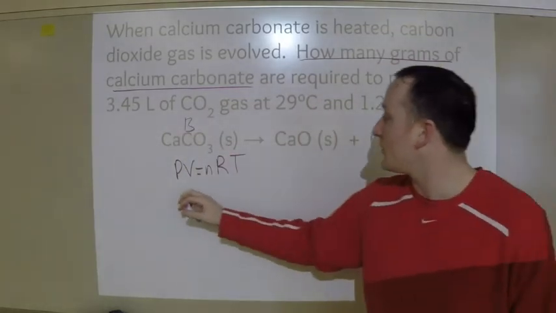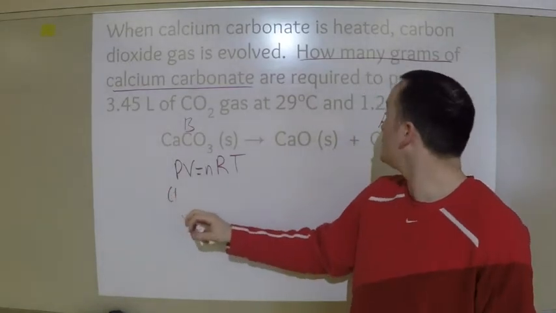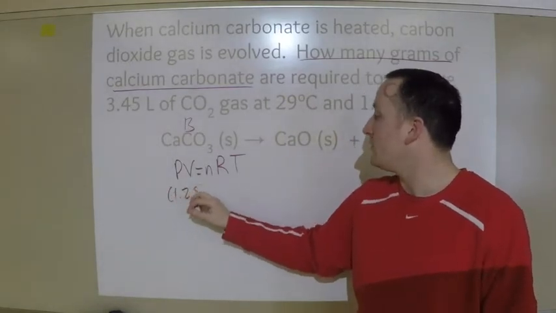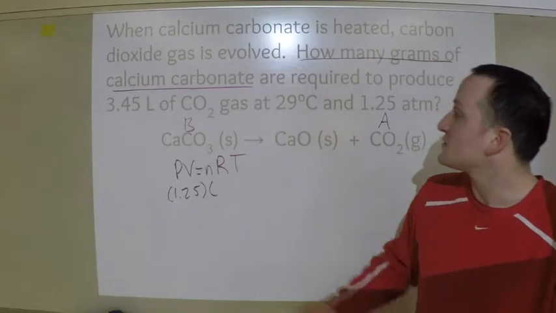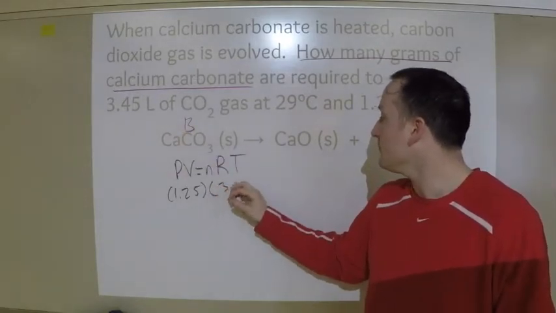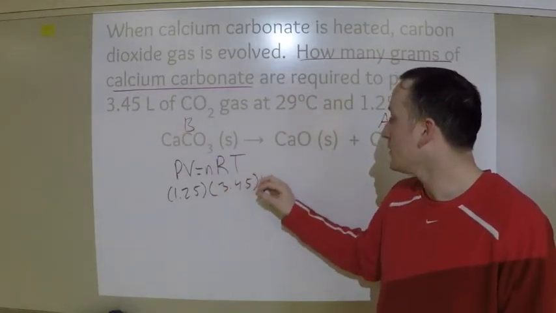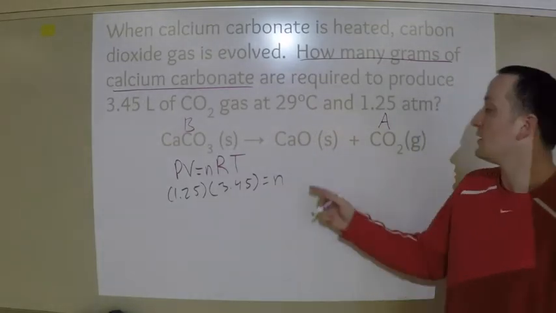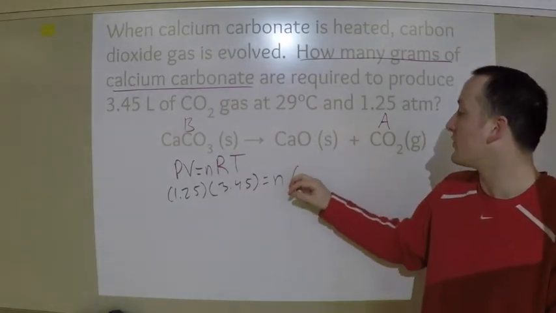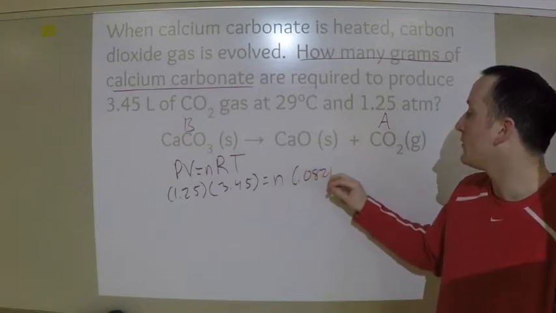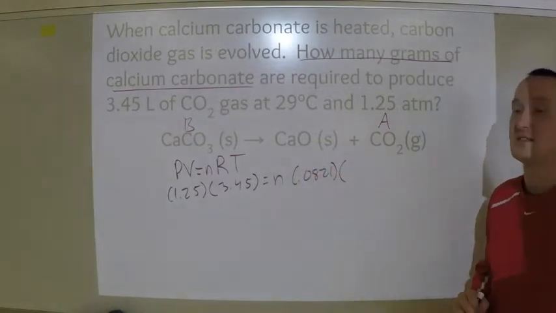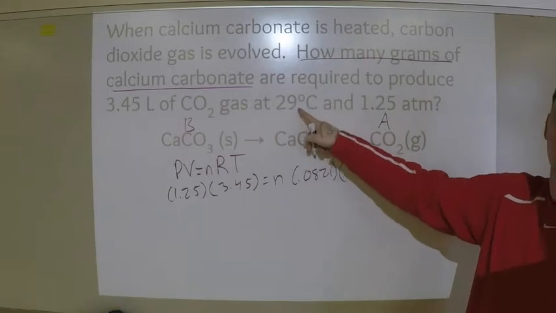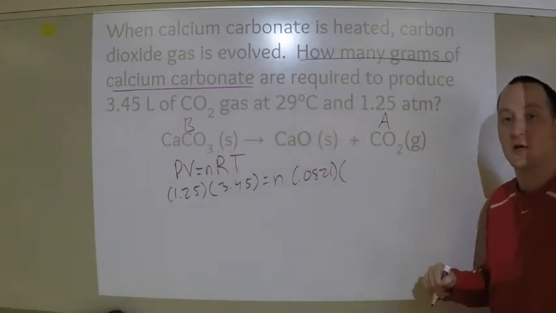So my pressure is 1.25. 1.25 times 3.45 equals n, I don't know that, that's what I'm solving for, times R, again, R is always the same number, 0.0821, times T, which is my temperature, but I can't use 29.